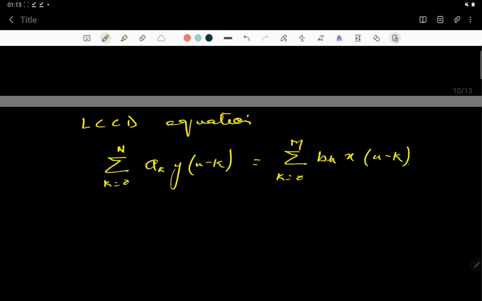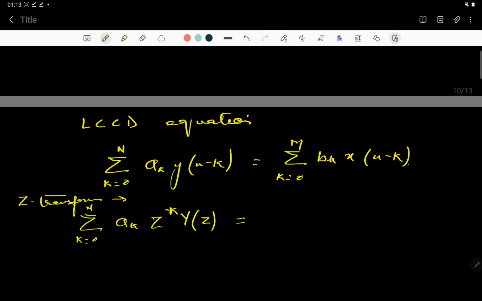Okay, so if you want to take the z transform of the above equation, after taking the z transform it will become the summation over k equals 0 to capital N of a_k z inverse of Y(z), and this should equal the summation over k equals 0 to capital M of b_k z to the power minus k X(z).